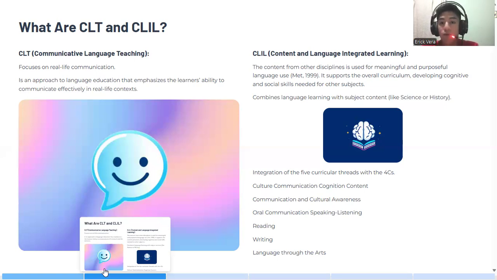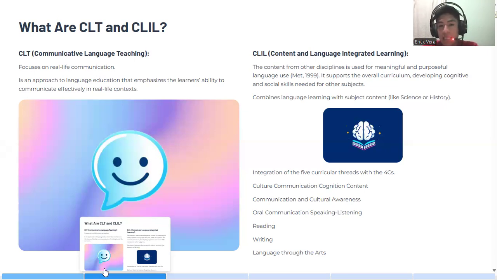As I mentioned before, this approach supports the overall Ecuadorian curriculum and develops the cognitive and social skills needed for other subjects. This combines language learning, in our case English, through the vision of other subjects, in a combination of contents like science or history. That is the implementation of this approach.